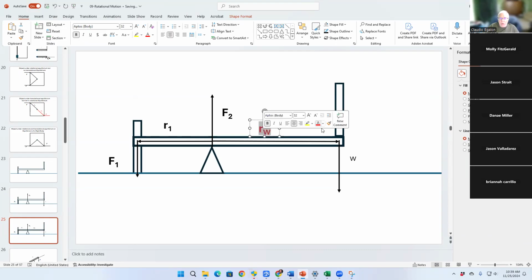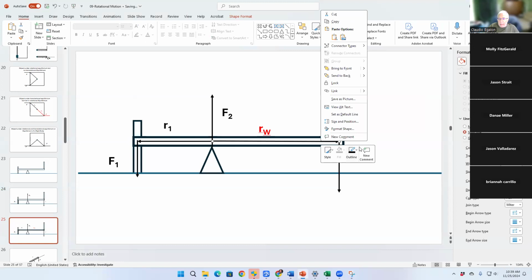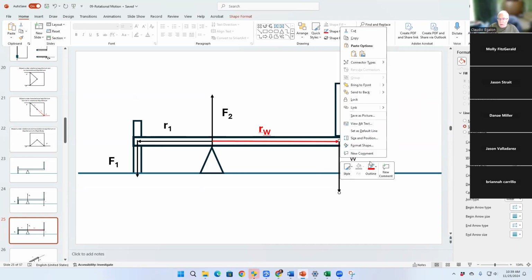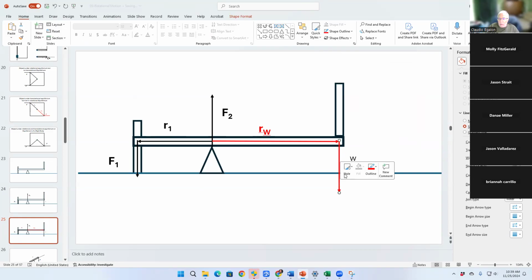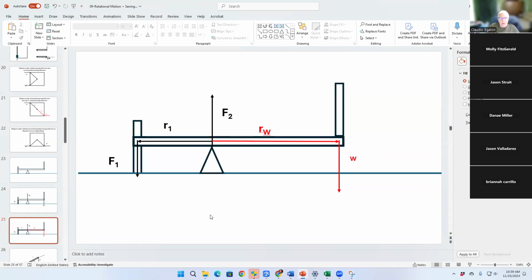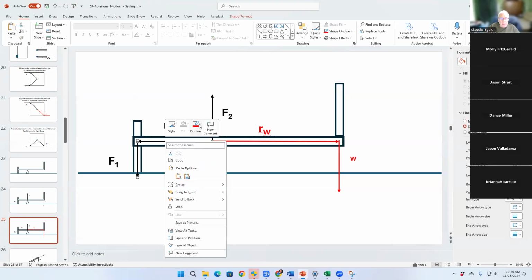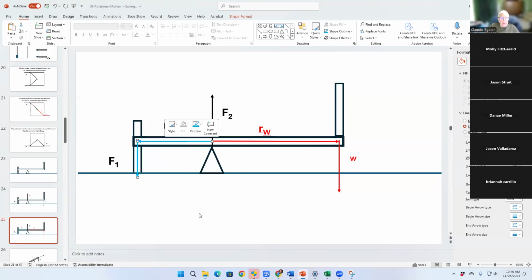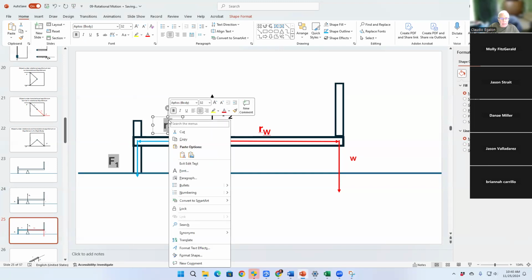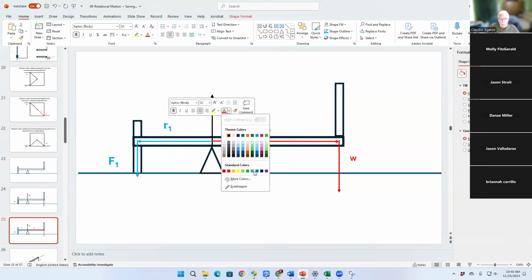And I'm going to put it in different colors so we can relate them by the colors more easily. The W is going to be displayed in red, bold-faced. This guy, I'll make it blue.